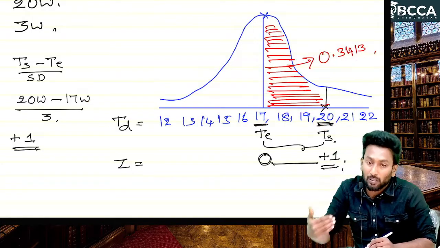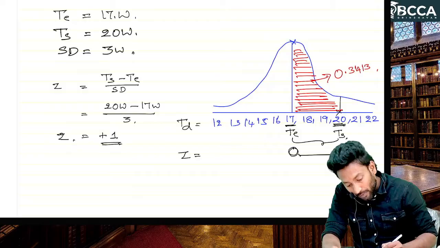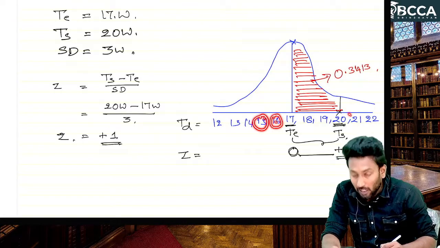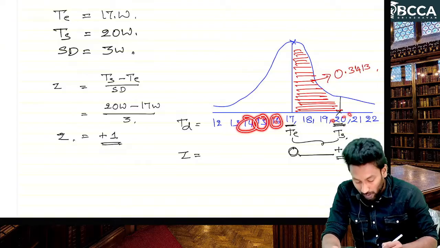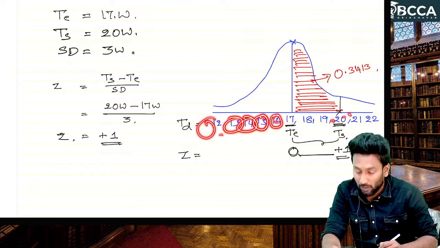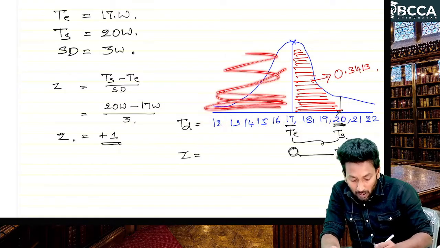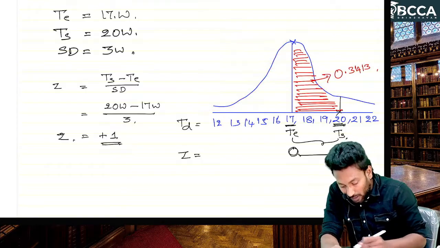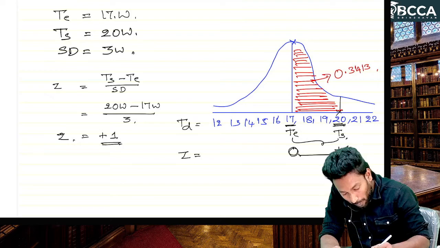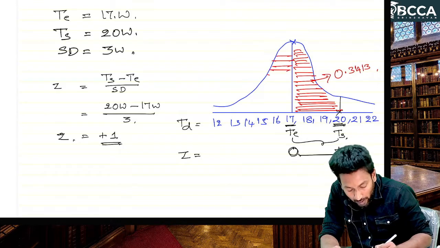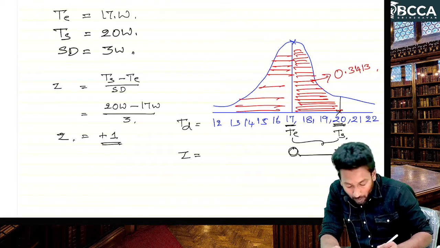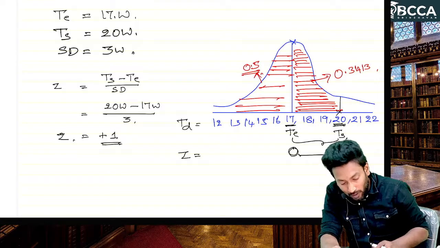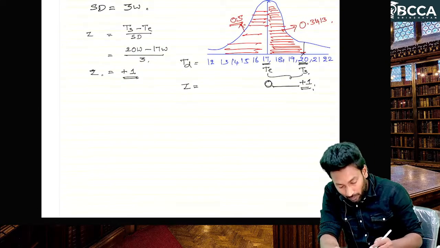Even if I complete the project in 16 days, that is also within 20, 15 days also within 20, 14, 13, 12 within 20. That means this total area we also need to add to this area. What is this total area? 0.5, right?